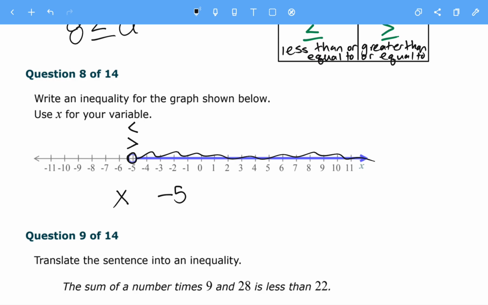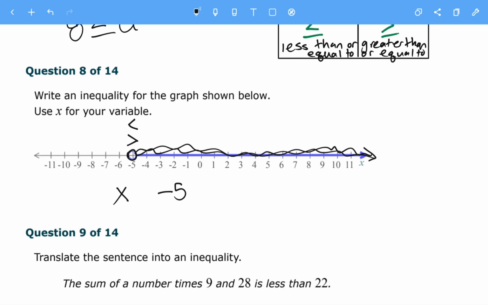If the right side is shaded, that means all the numbers larger than -5 are included. X is greater than -5. If it helps, you can also see the arrow is pointing to the right, so you're going to use the symbol that points towards the right. So x is greater than -5. That is our answer.